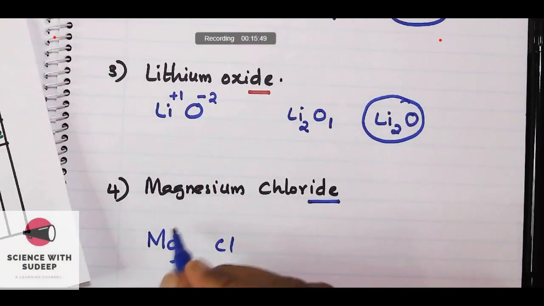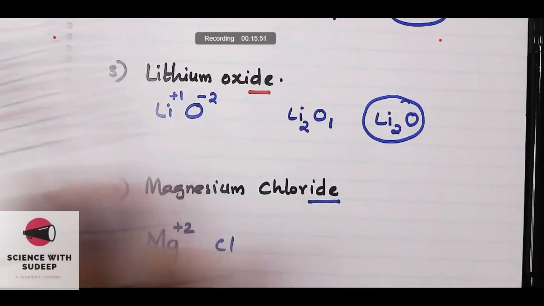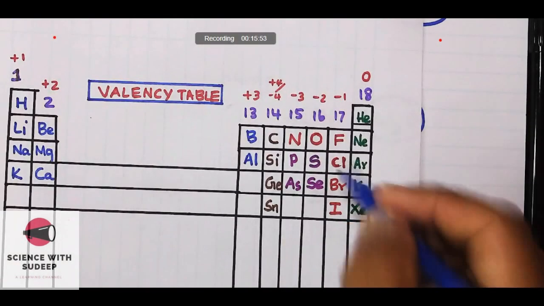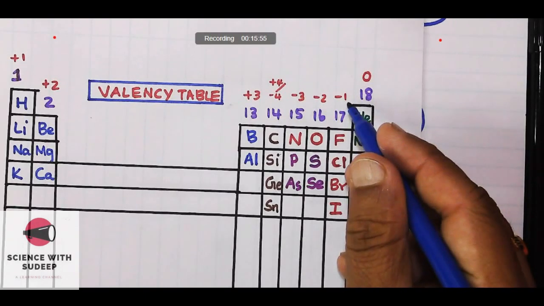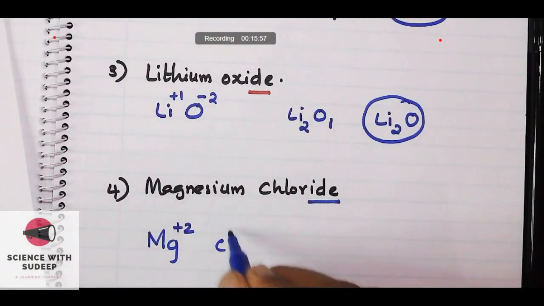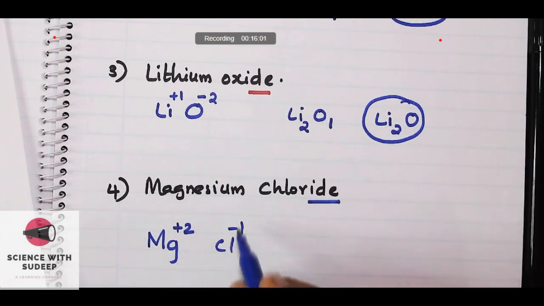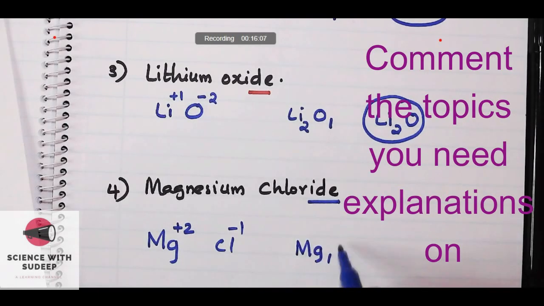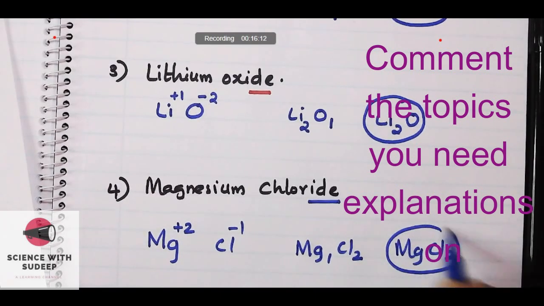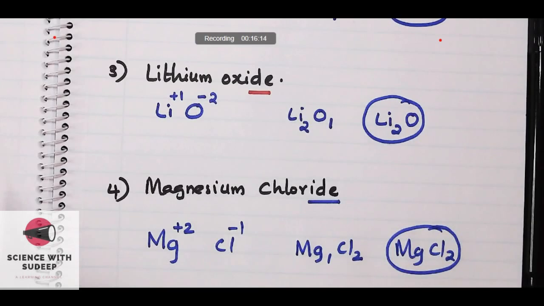I wrote here +2. Then chlorine is in group number 17, it's -1. Put -1 here. Then exchange the numbers. The 1 comes here for magnesium, and the 2 goes to chlorine. So you get magnesium 1, chlorine 2. The correct formula is MgCl2. That's an easy way to write the chemical formula.